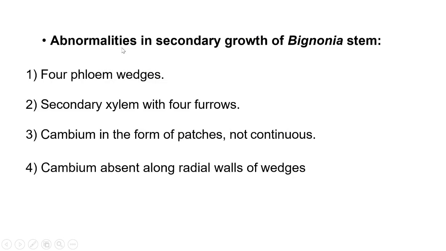Now, what are the abnormalities in secondary growth of Bignonia stem? 4 phloem wedges are there. Secondary xylem with 4 furrows. Cambium in the form of patches, not continuous. That's why it shows abnormal behavior. Cambium absent along radial walls of the wedges. These are the 4 distinguishing characters of how the abnormal secondary growth is formed.